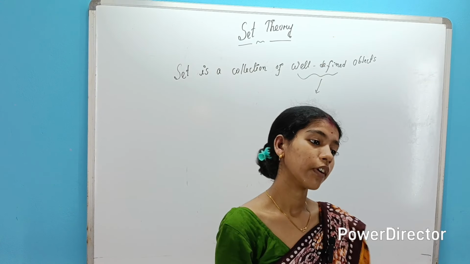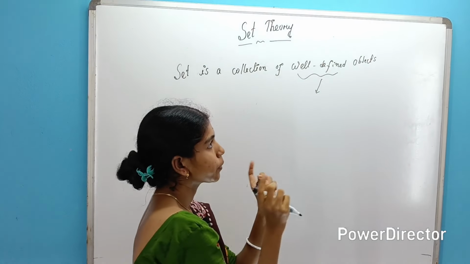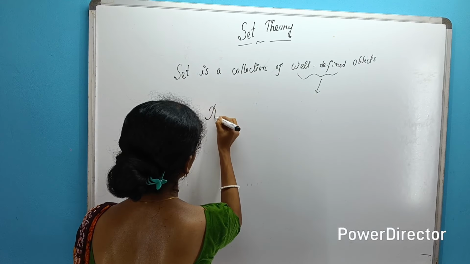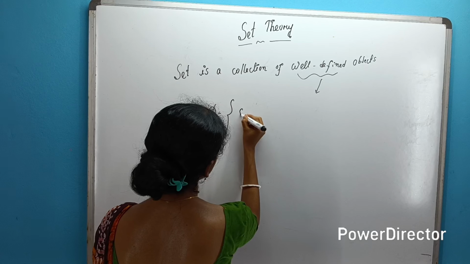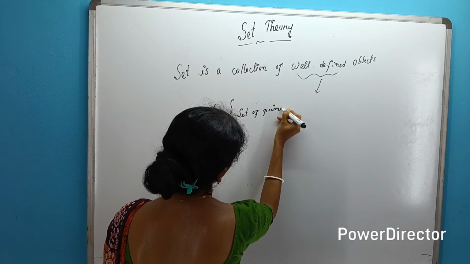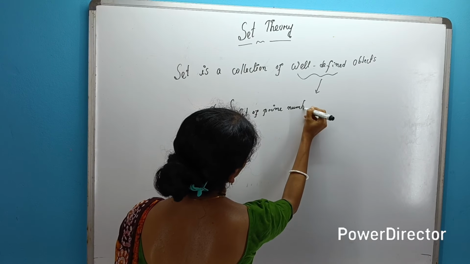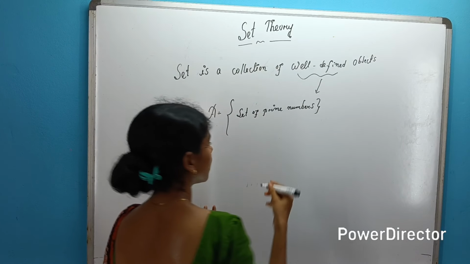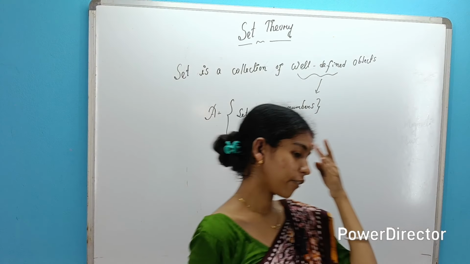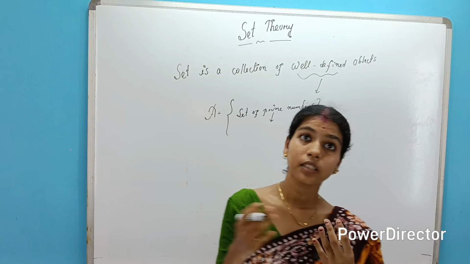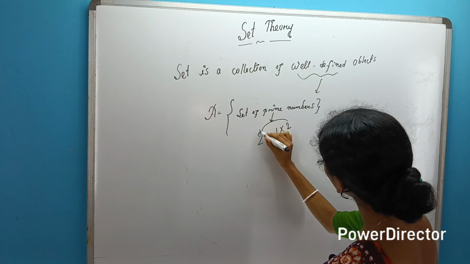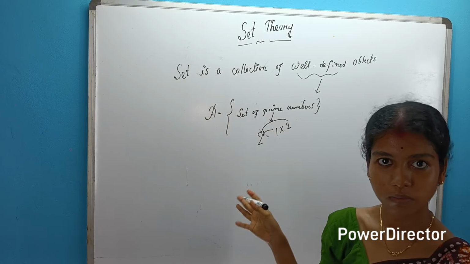To become well defined, you have to mention some appropriate word for that set. Like if I consider A any set, it should be the set of prime numbers, if I say. So who are the prime numbers? We know that prime numbers are those which have just two divisors, like 2. 2 just has 1 into 2, that means itself, 2, and 1 are the divisors of 2.